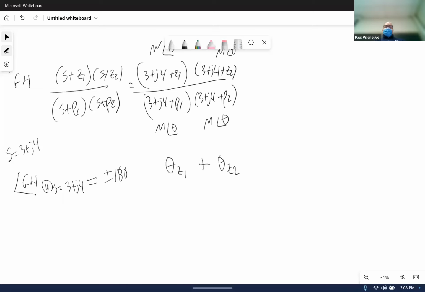The two angles that I'm going to get for the poles are in the denominator, so they are dividing the two angles that I just calculated. Dividing the two angles means I subtract them.